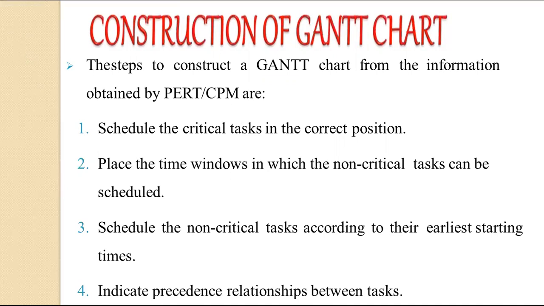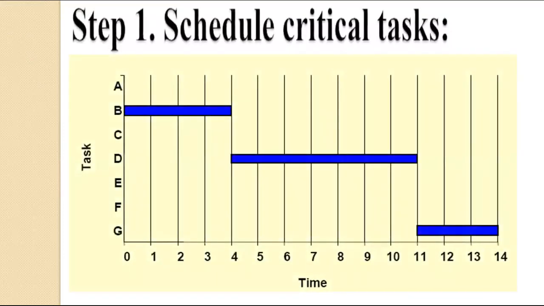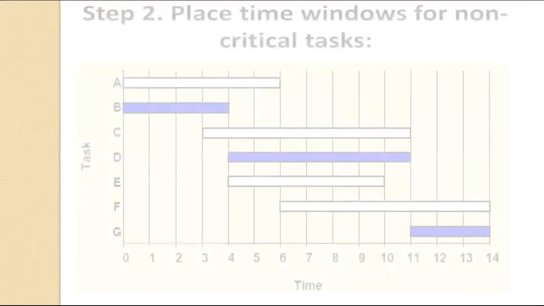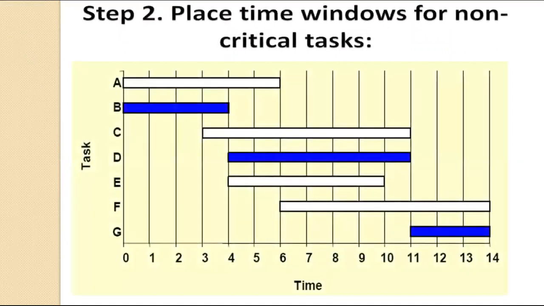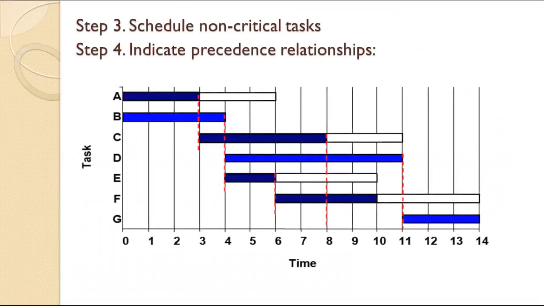So in the first step, we schedule the critical tasks, whatever critical tasks there are. Then in the second step, we place the time window for non-critical tasks. In step 3, we schedule the non-critical tasks, and in step 4, we indicate the precedence relationships. In this way, we can represent the Gantt charts.